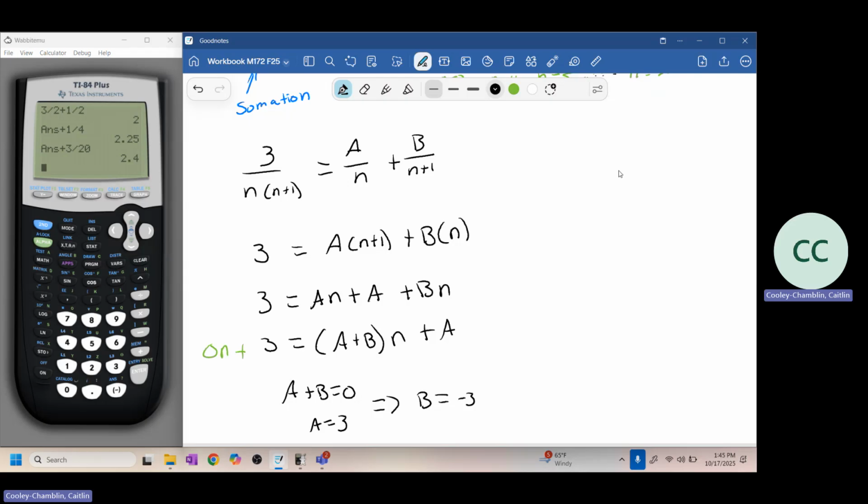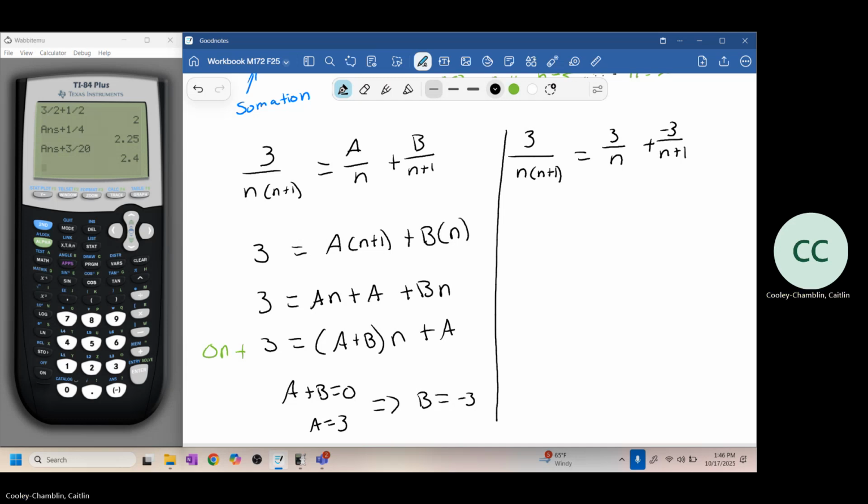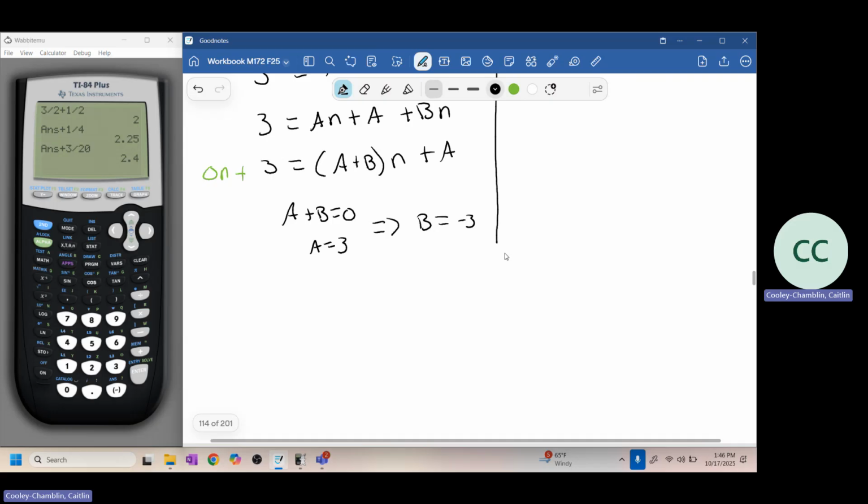Which gives me that 3/n times n plus 1 is 3/n plus -3/n plus 1. So I'm going to try and work with that series.